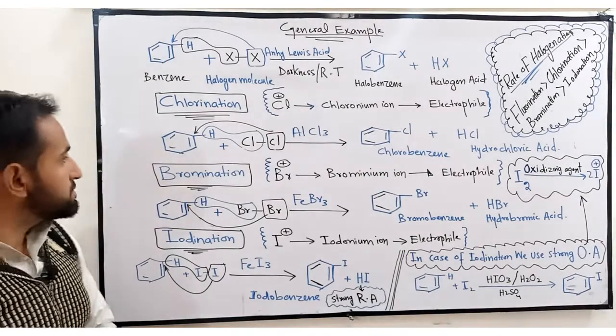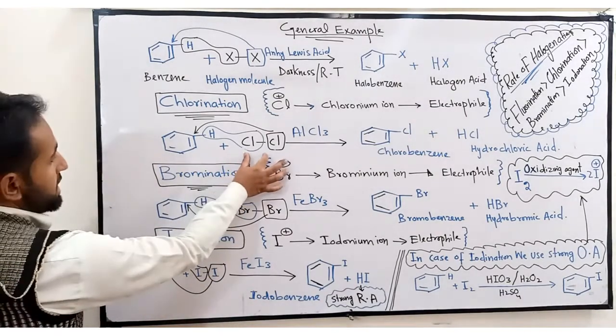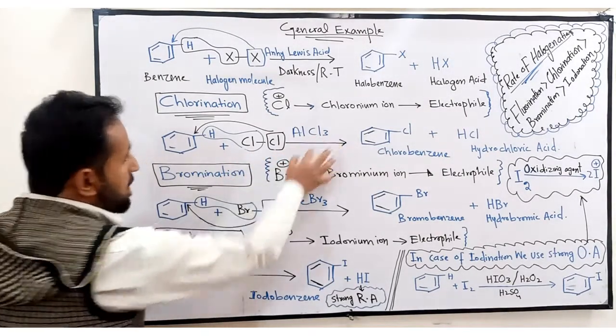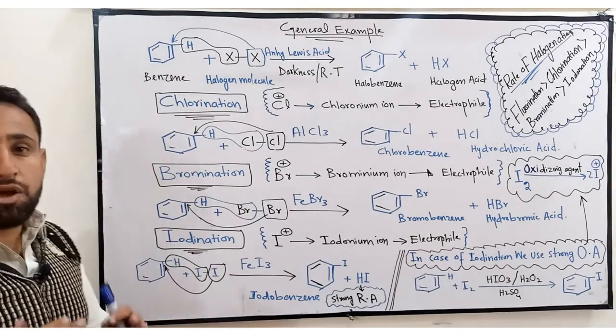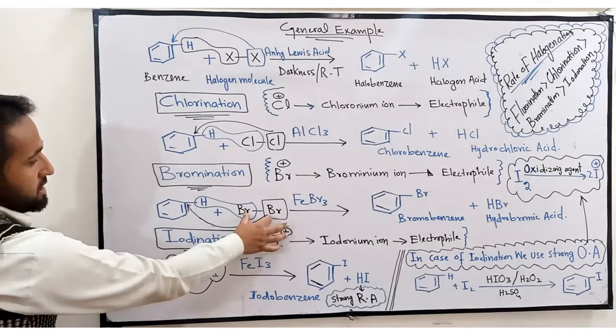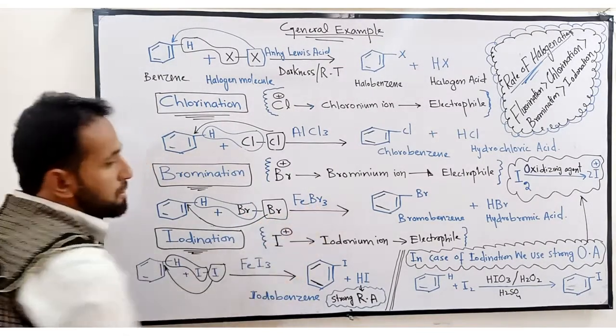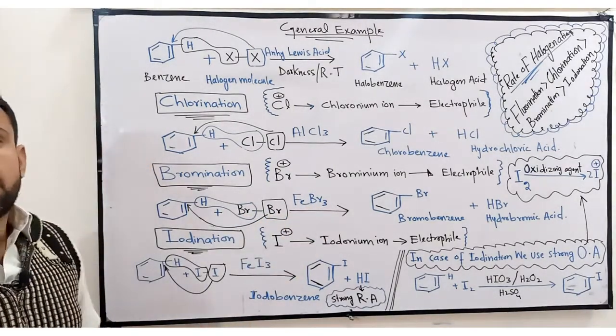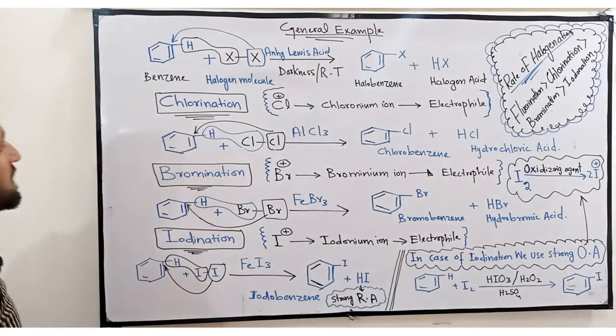Understand? If chlorine comes here, then you have to use a chlorine-containing Lewis acid. If here is bromine, there should be a bromine-containing Lewis acid. Understand that?